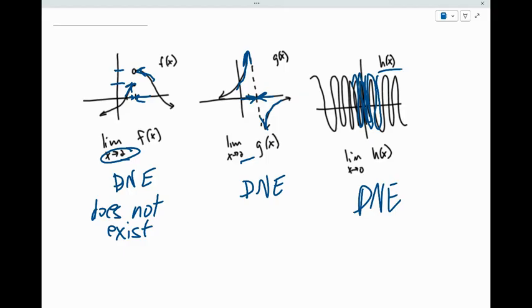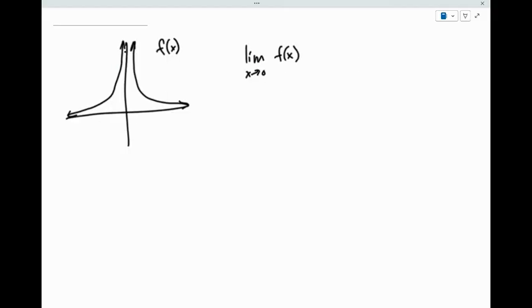Okay, so we looked at a few of these cases. Let's look at a case like this one here, where again, x is approaching 0. We're going to look at what's happening as x approaches 0 from both sides. And we can see in this case that the curve on both sides of 0 is getting infinitely large.